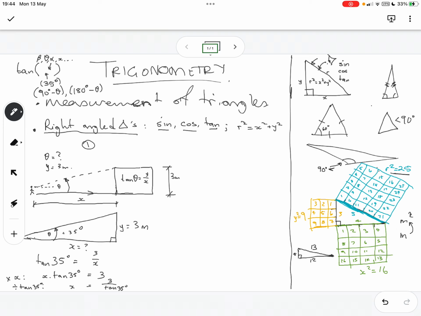For now, let's just understand that tan 35 means the angle we're looking at is 35 degrees and we're working out the tangent of it.